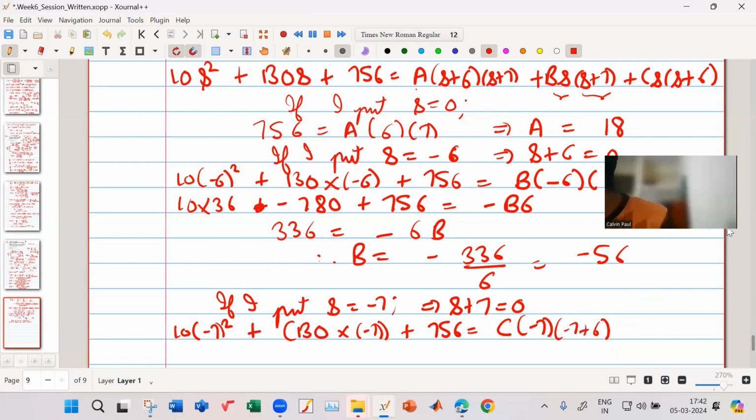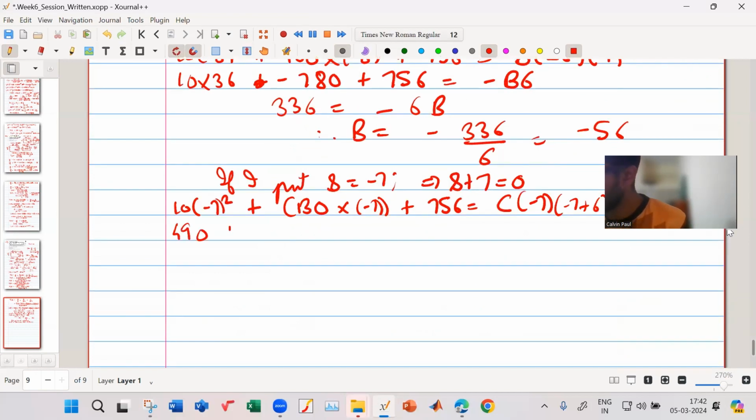So that will turn out to be 490. What is 130 into minus 7? 910. So that will become minus 910 plus 756 is equal to C into minus 7 into minus 1.